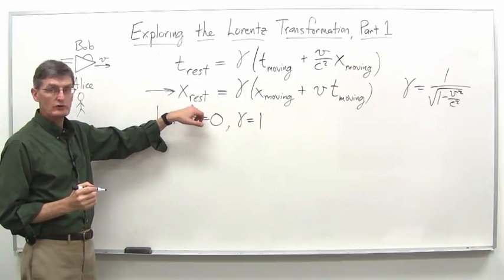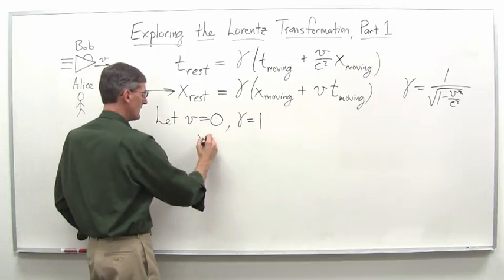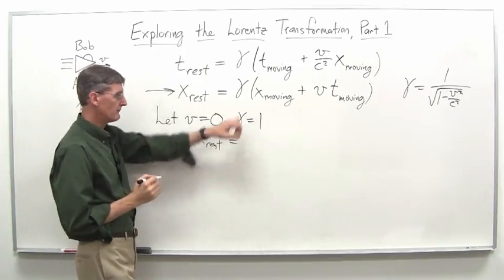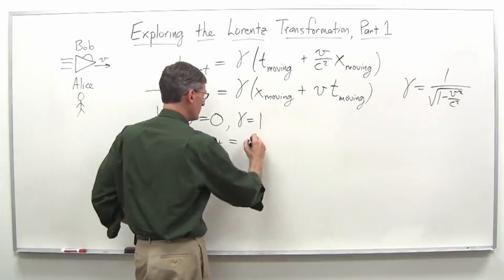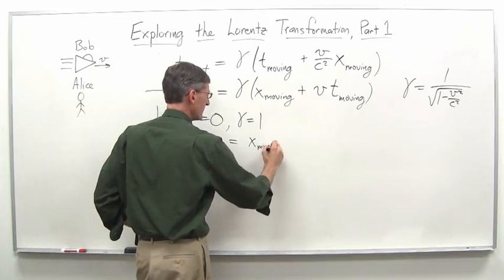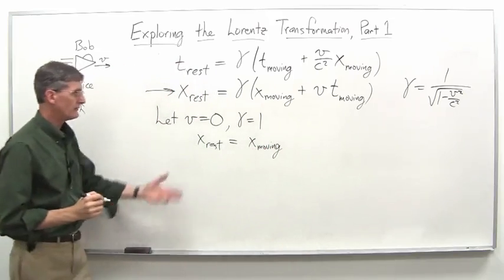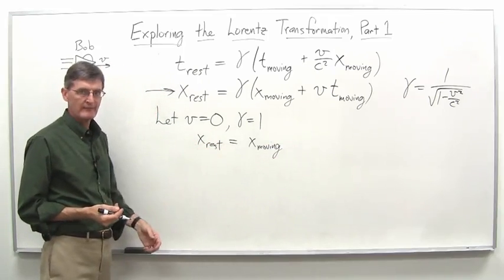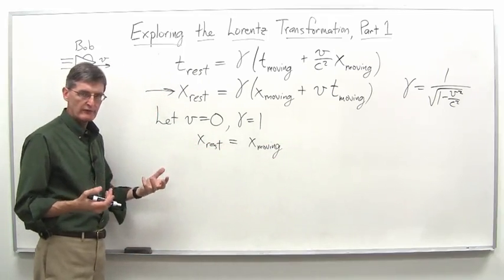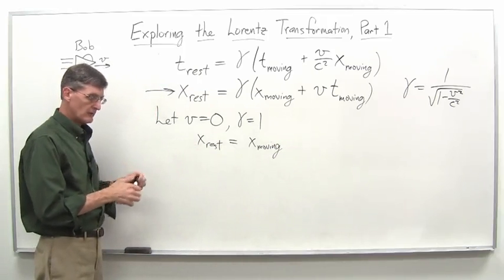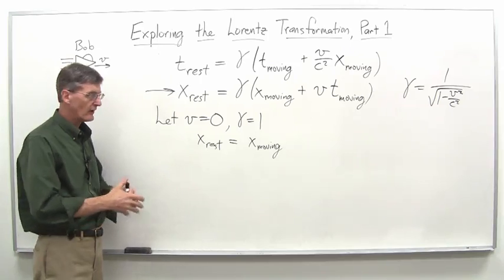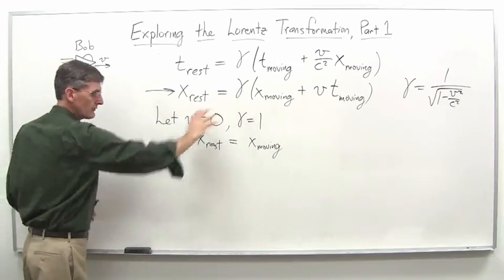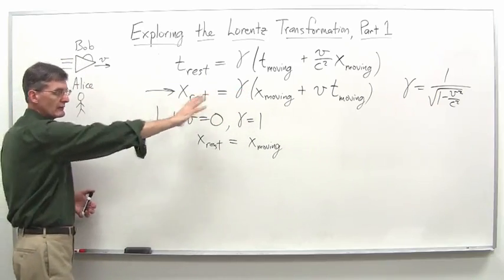So what does this equation become? We get x rest, Alice's perspective, gamma is 1 here, equals x moving, and v is 0, so this is 0 as well. So we just get x rest equals x moving. In other words, thinking again about the lattice of clocks, the underlying foundation of our observations, Alice has her lattice of clocks, and that's her measuring system for length and time.